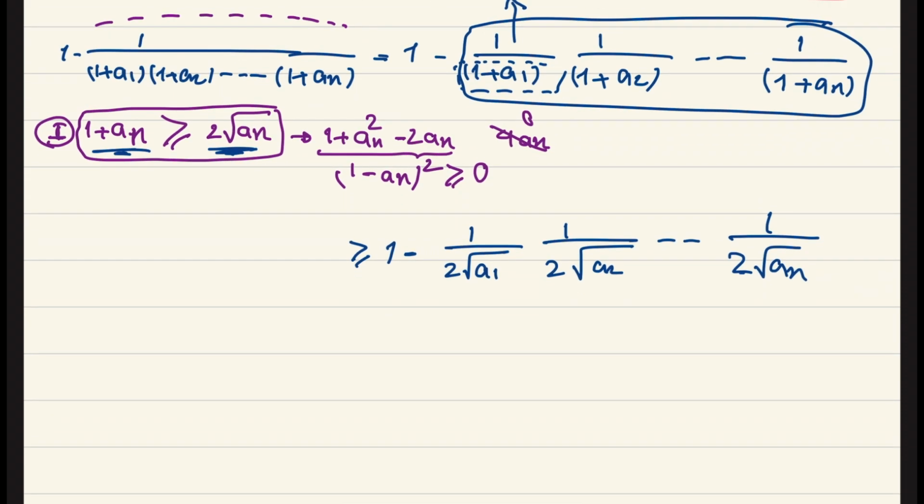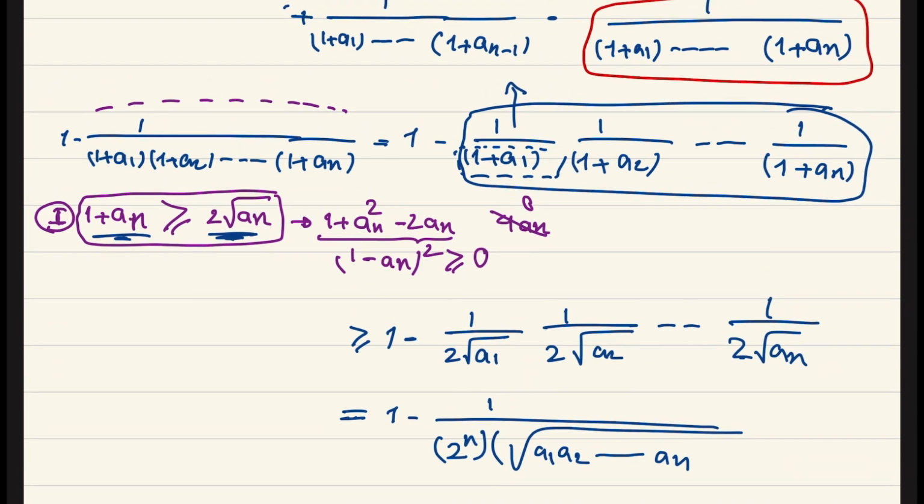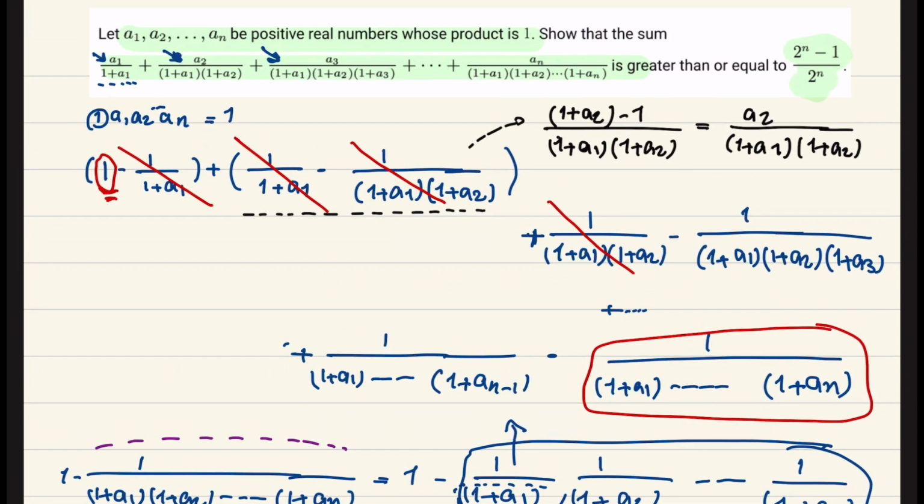And you can see here that we have this term which is equal to 1 minus 1 over 2 to the power n times the square root of A1, A2 until AN. And the problem told us that A1 times A2 times AN is equal to 1. This is the first information that the problem provided for us.